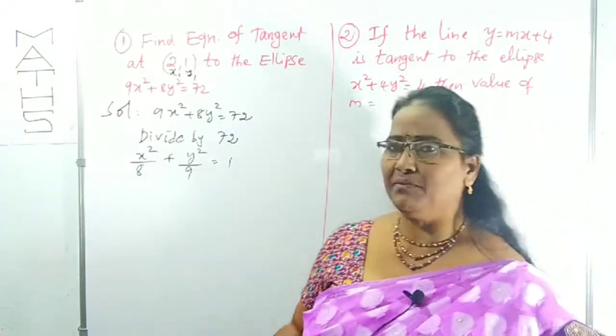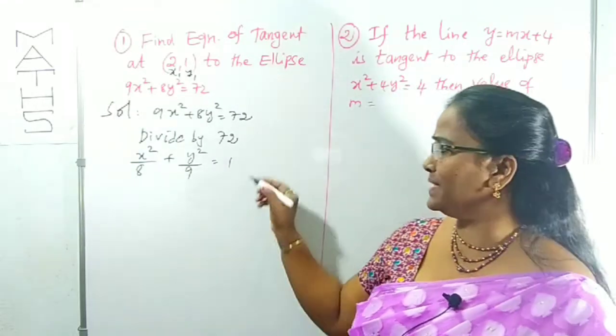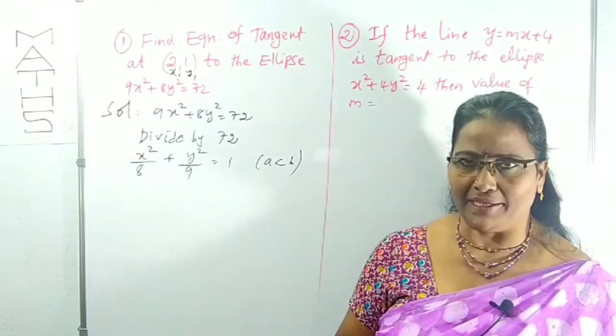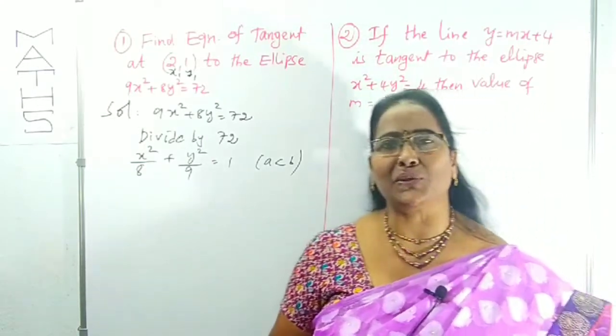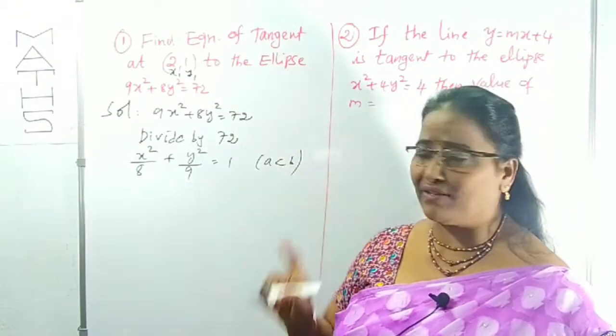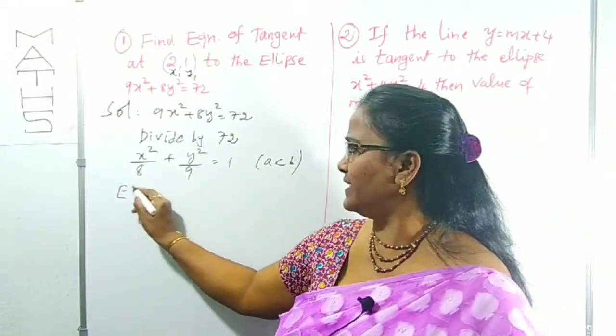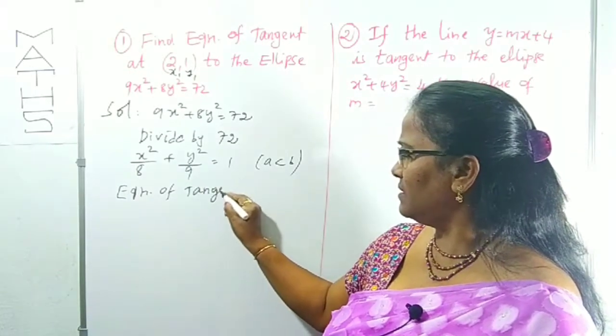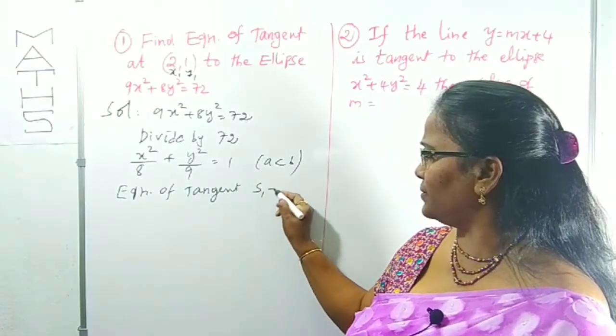Is it a standard form? This is standard form only, but it is the a less than b case, not the a greater than b case. In that case also we can use the equation of tangent S1 is equal to 0 only, at the point x1, y1. So the equation of tangent is S1 is equal to 0.